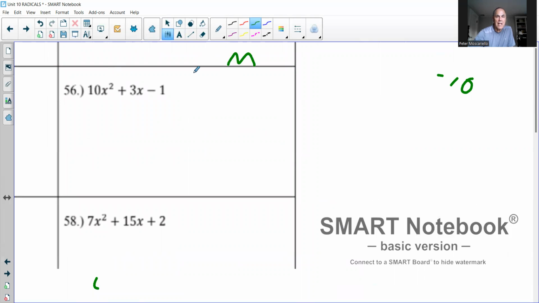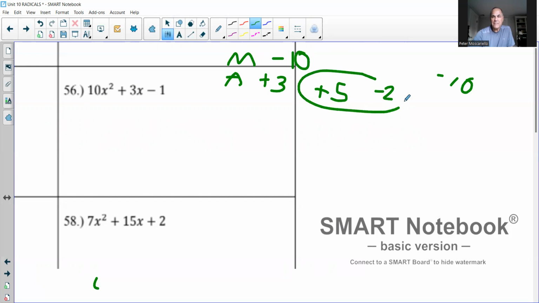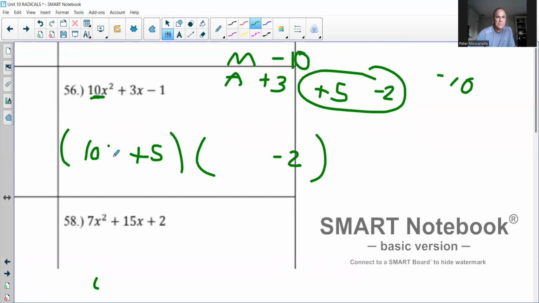The M multiplies to 10 times -1 is -10. Adds to 3. I feel like we just did this, didn't we? That was +5 and a -2. Multiplies to -10, adds to 3. +5, -2, magic, 10x repeats.